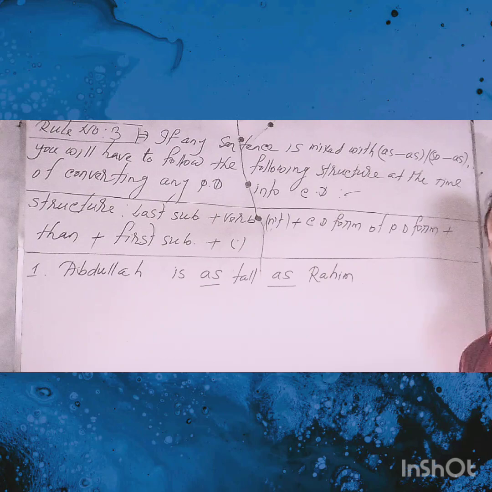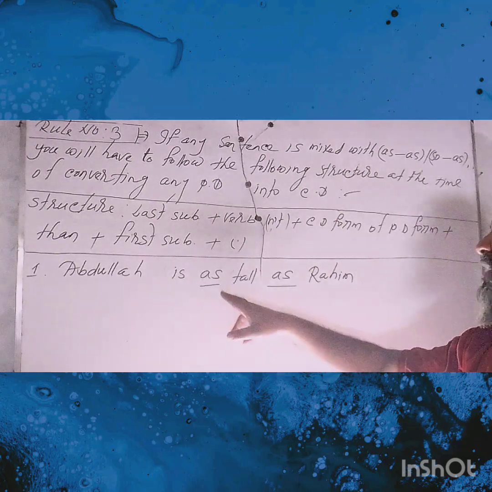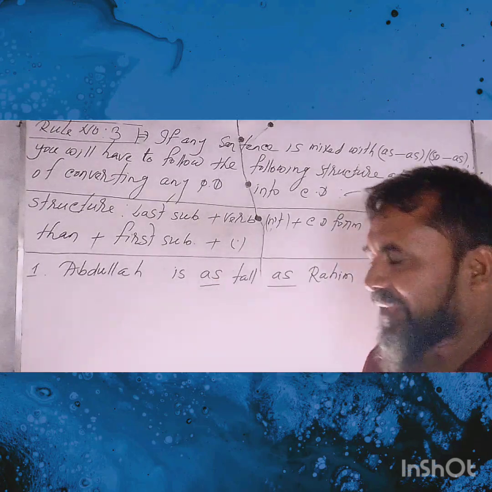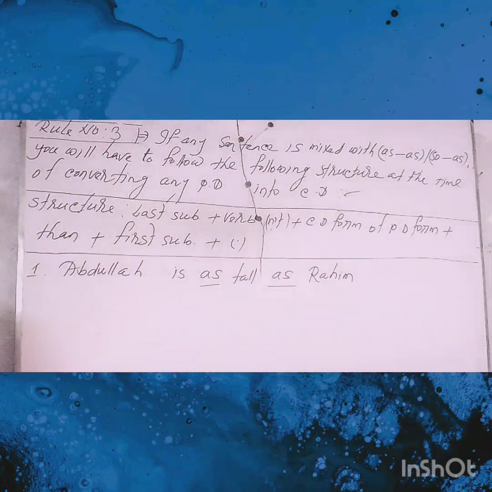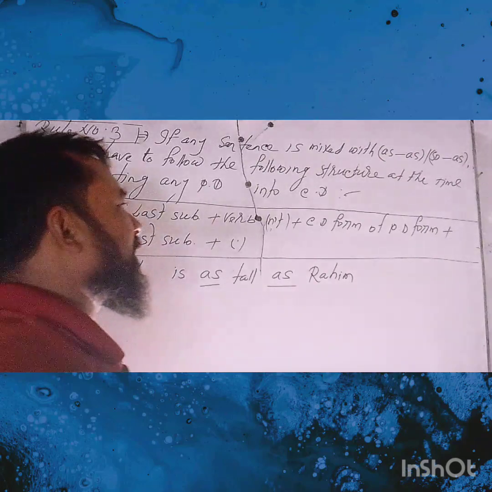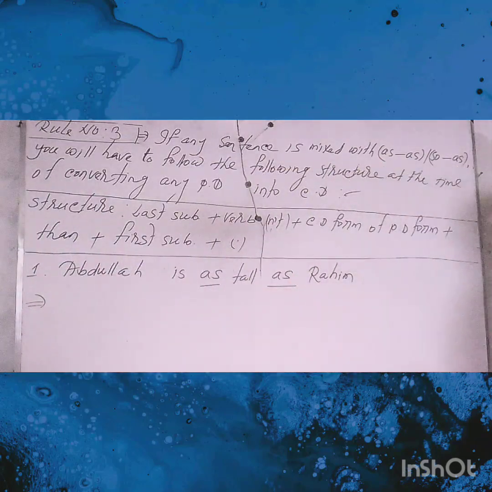But ensure, my dear learners, because this statement is mixed with "as... as". When you are sure that the statement belongs to such a category of positive degree, and at the time of converting to comparative degree, you'll have to follow the structure, sir.